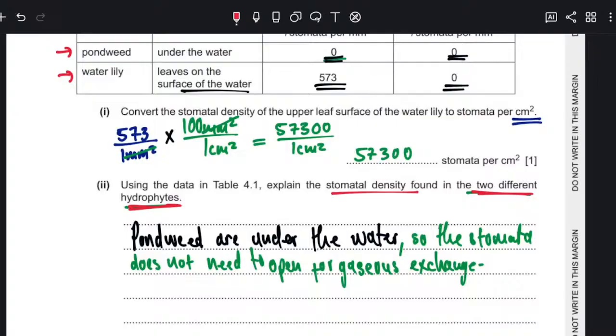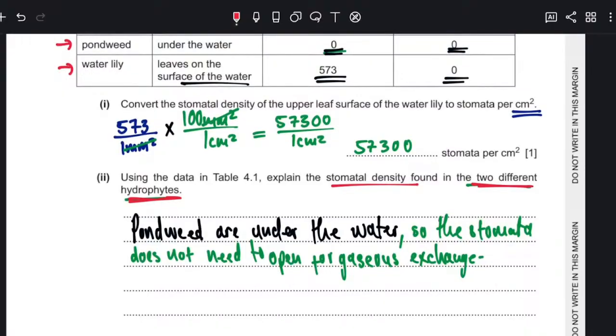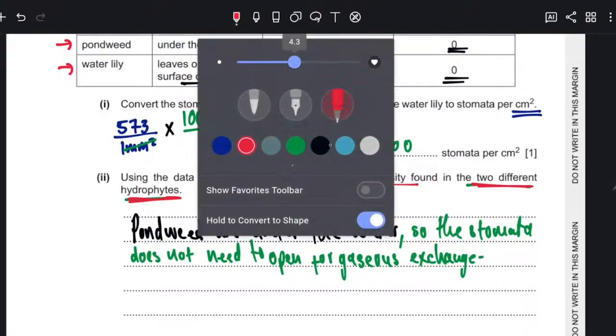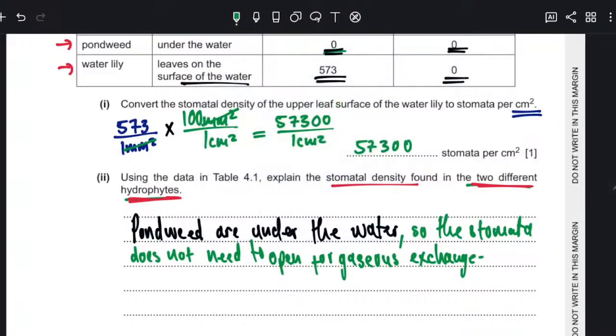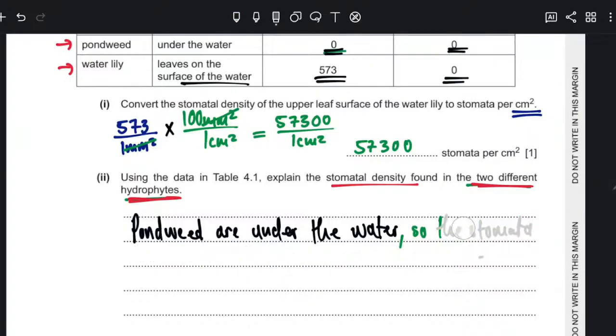So here, pondweed is in water, so we don't talk about any stomata here. So the stomata does not need to open for gaseous exchange. Or let's say, don't say does not need to open. Just say no need for stomata. Okay? So the stomata is not necessary.